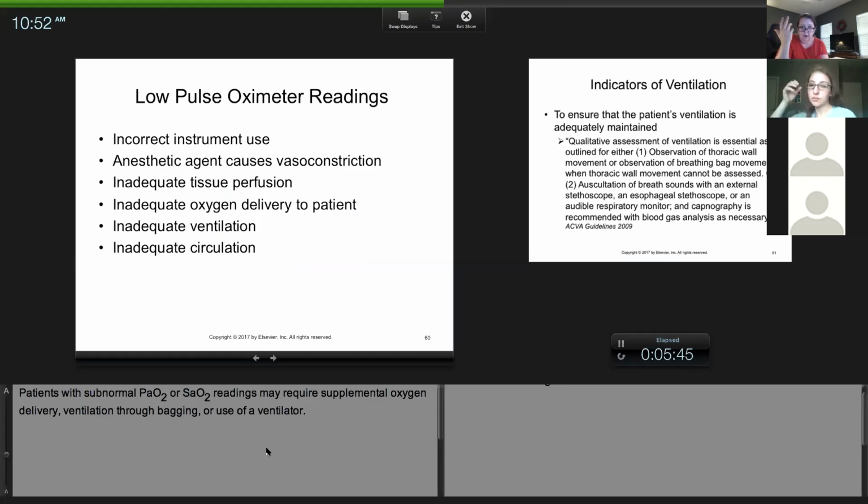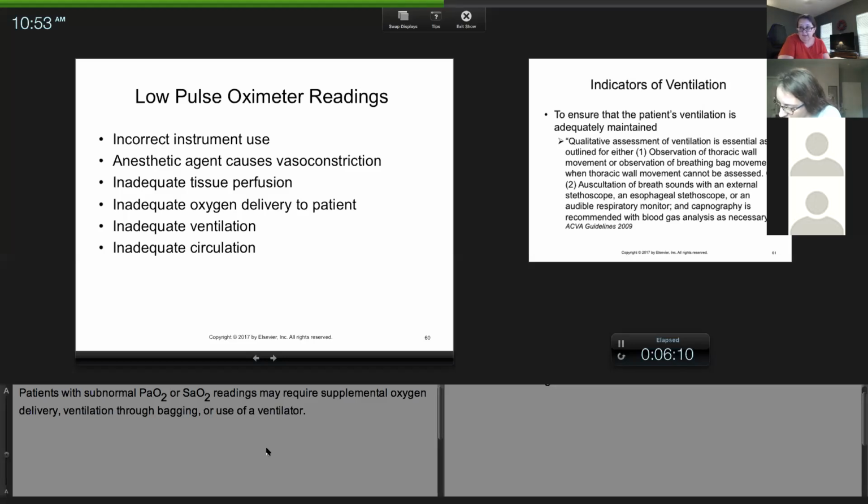If you have a dog in radiology vasoconstricted because of dexmedetomidine, where you're putting the probe, sometimes you can get a low reading. Now, I've gotten good readings on dexmedetomidine before, so that doesn't always pertain. But if your patient is very pale and you have the probe there, it could be a problem.